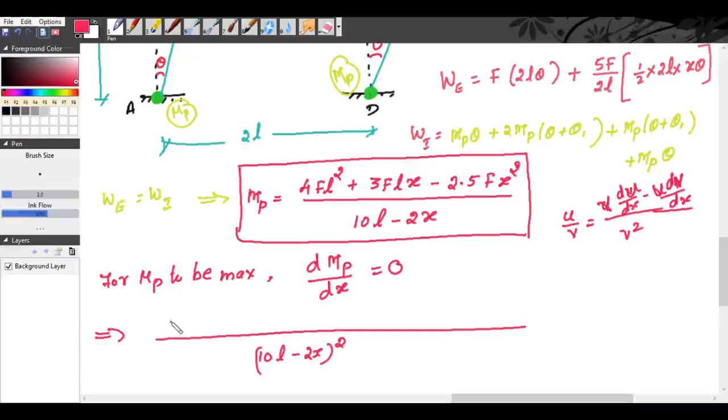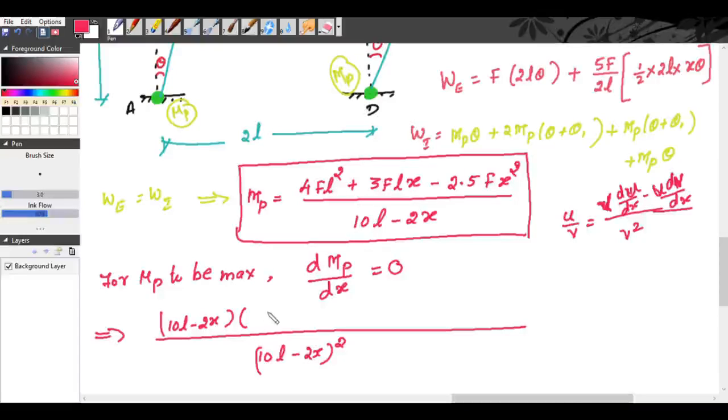So V is 10L minus 2x. V is 10L minus 2x into differentiation of the numerator. So we get this is 0.